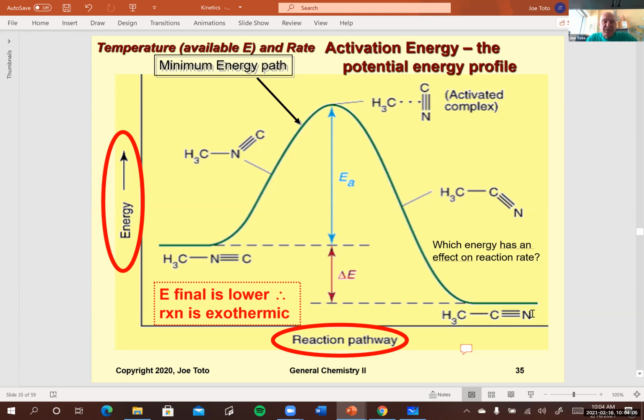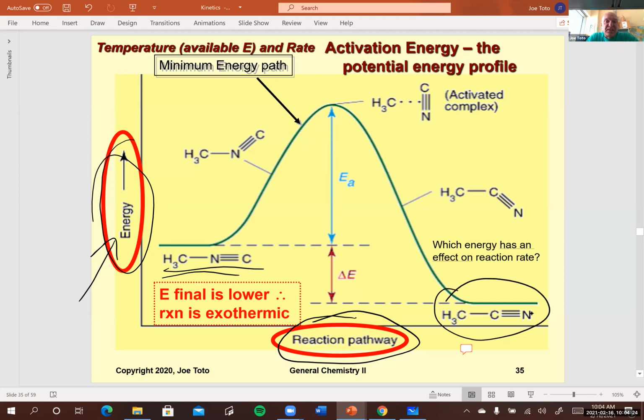So we defined a lot of those energy criteria in this picture. For example, this here is the energy of the reaction as the reaction proceeds from reactants to products. And you can see that the largest energy that needs to be surmounted to get over that hump is EA, but it's actually the smallest possible energy. So that's the activation energy.